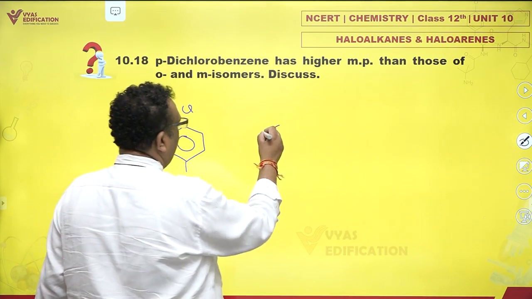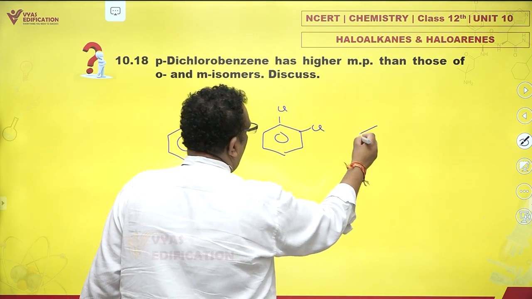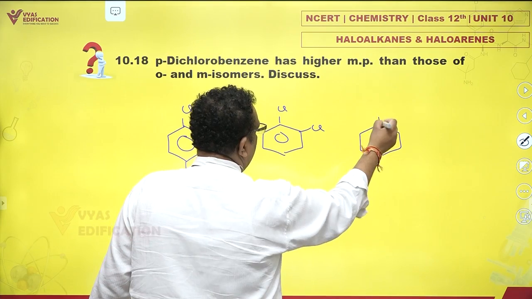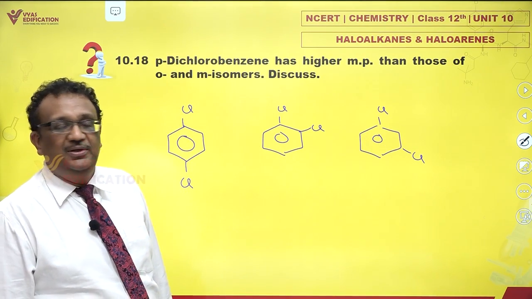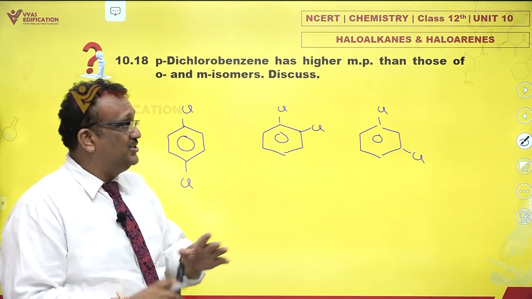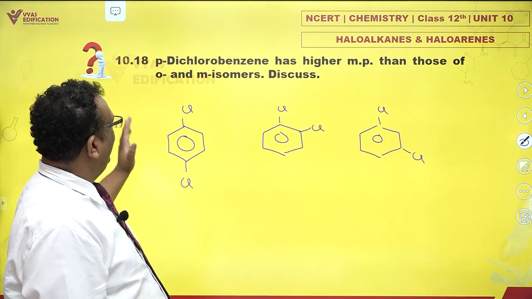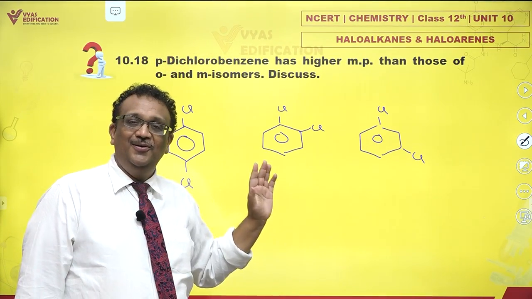On the other hand, if you have ortho or meta, their fitting in crystals is not as beautiful or as comfortable. Because of that, see, the better the packing in the crystal structure, the higher the melting point, and hence para would have a higher melting point as compared to ortho or meta.